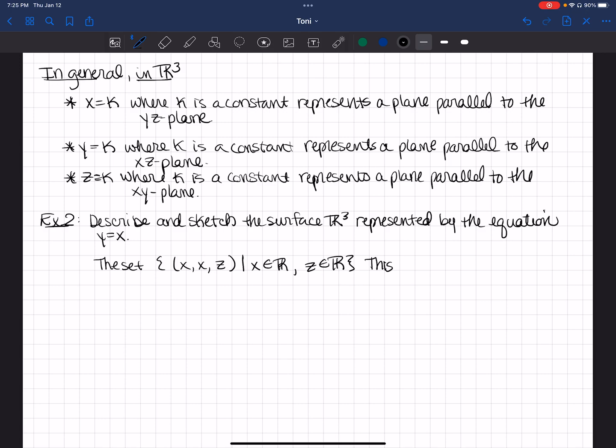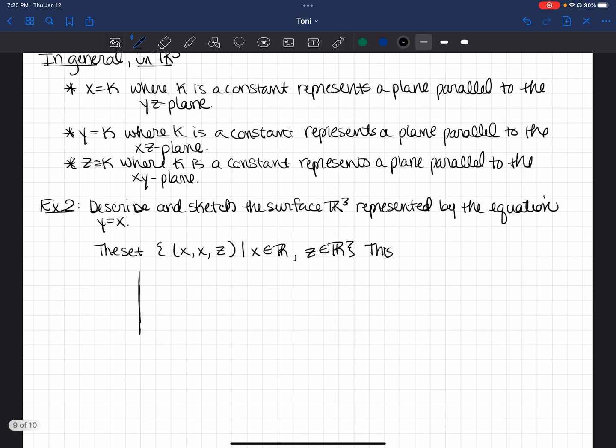So here's what we have. There's my z-axis. This is the positive. This is the y. Normally it will be some kind of line that goes like this.